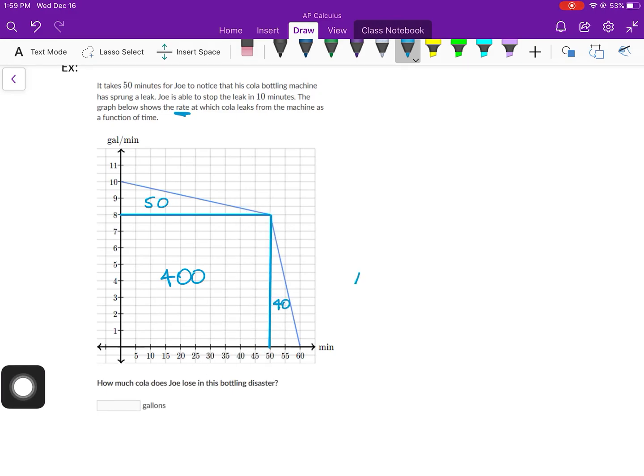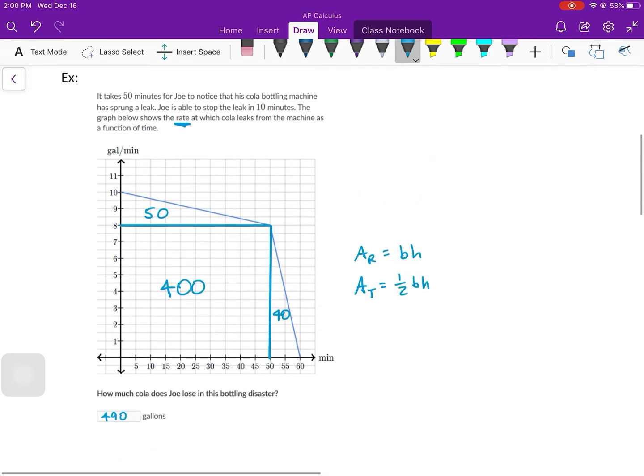Remember, the area of a triangle is 1/2 base times height. The area of a rectangle is just base times height. So just add those up: 490. That's going to give us that net change.